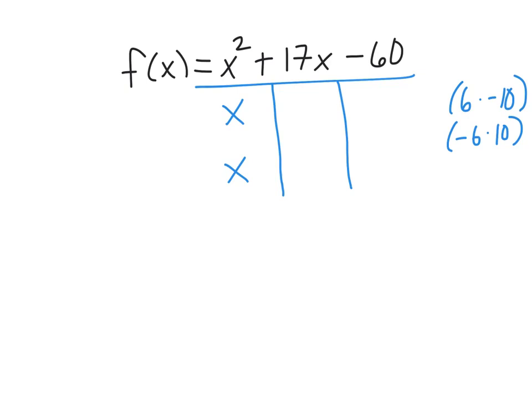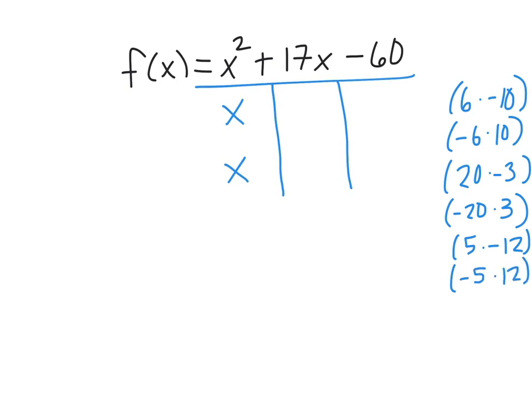So now I got to go through all my possibilities. Okay, I have 6 times 10. I have 20 times negative 3, or negative 20 times 3. We have more, right? 5 times 12, or 5 times negative 12, negative 5 times 12. 60 times 1, or 60 times negative 1, and negative 60 times 1.